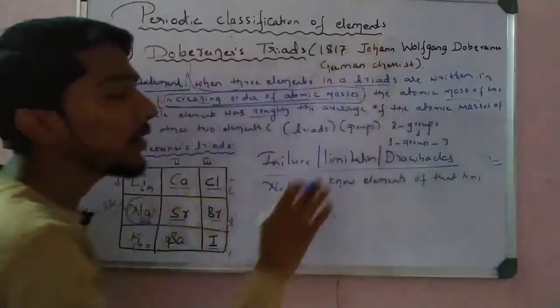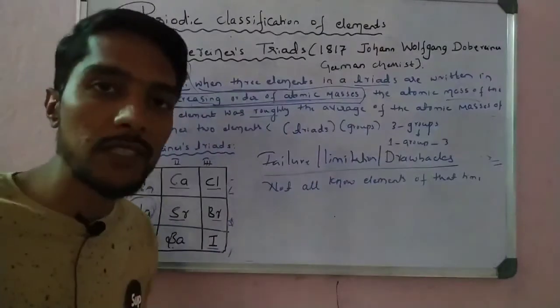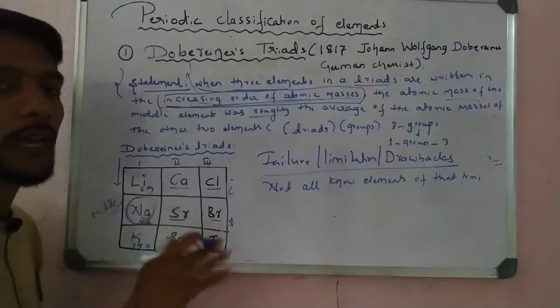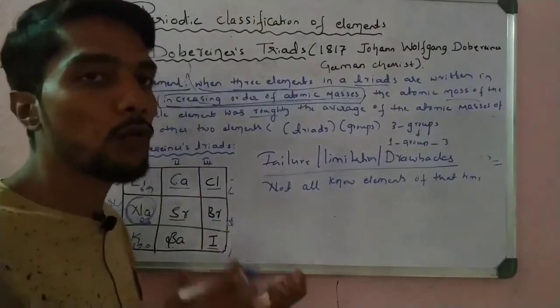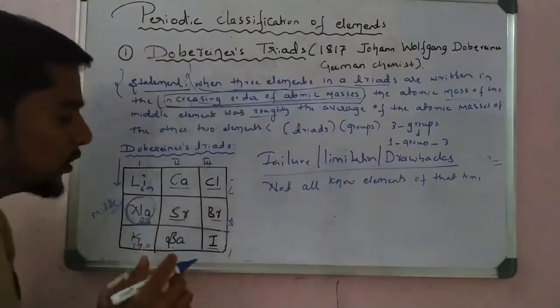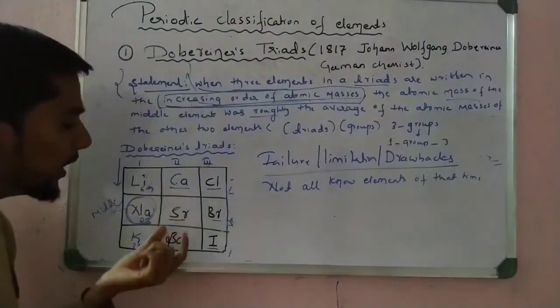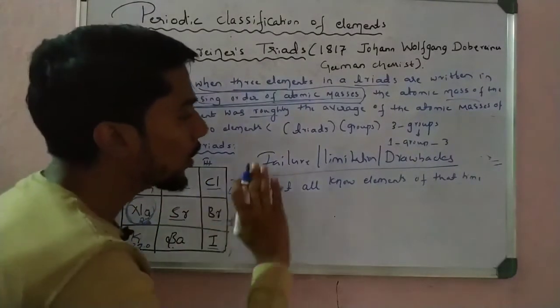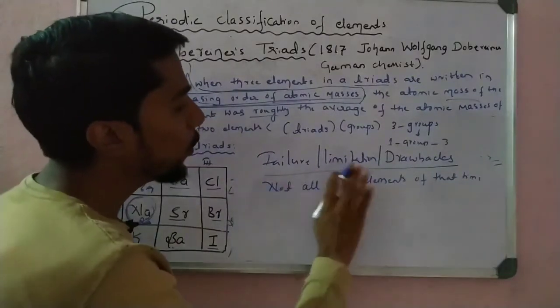In 1817 many elements had been discovered, but not all of them could be classified according to this rule. Some elements were not able to follow this rule. He could make only 3 triads by using 9 elements.